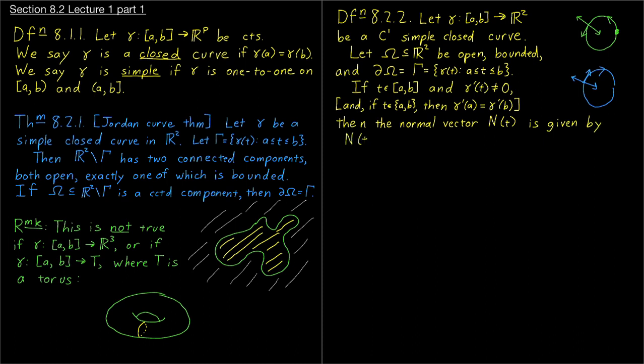N of t is, you take gamma prime of t, that's a vector, you rotate it 90 degrees in the counterclockwise direction. You can do that by multiplying by this matrix. It's not too hard to check that this matrix just rotates the vector and in particular doesn't change its length. So if we divide by the norm of gamma prime of t, we will get a unit vector. And that's how we define our normal vector.